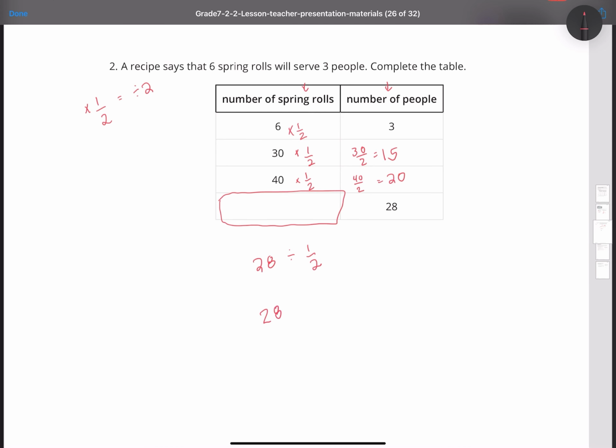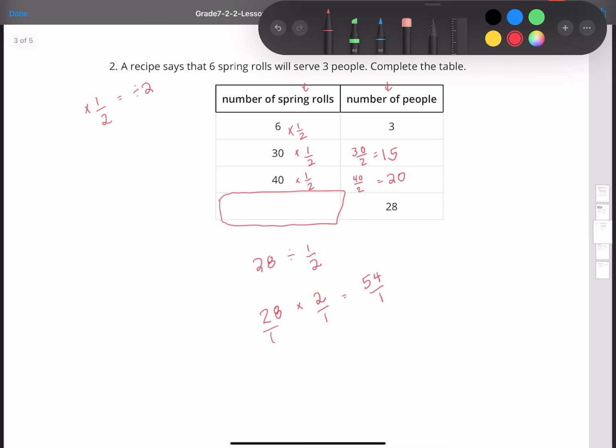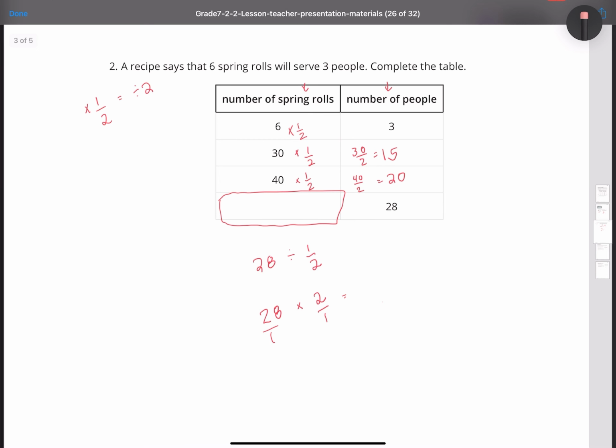And the correct math term would be the multiplicative inverse, because dividing by 1/2 is the same as multiplying by 2 over 1. So I can place a 1 underneath that 28 and multiply going straight across, and I should get, I apologize, not 54 over 1, probably 56. So you'll get 56 over 1. So it'll be 56 spring rolls.